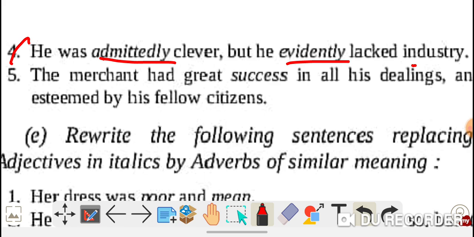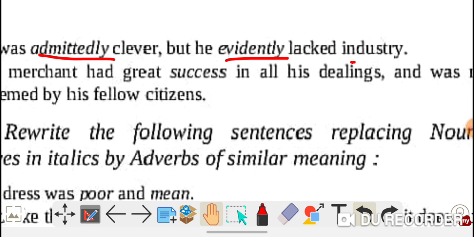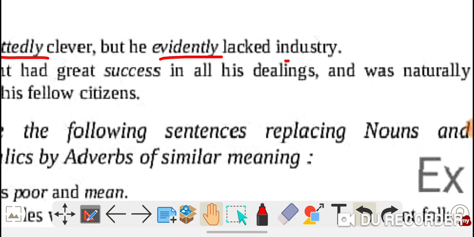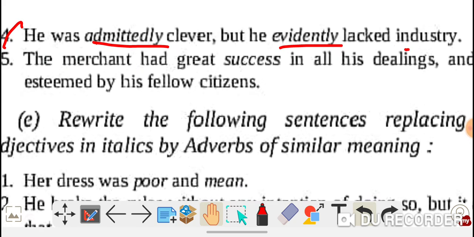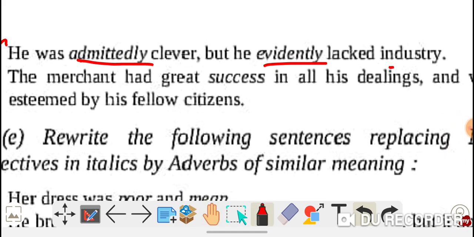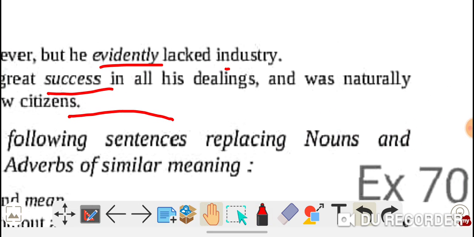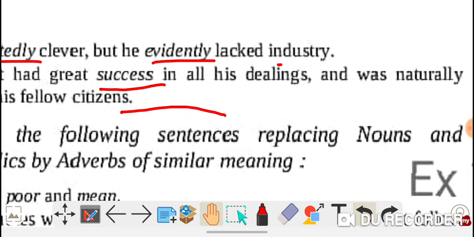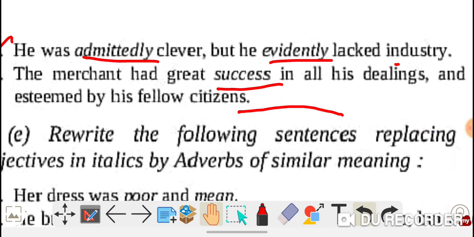Number 5, the merchant had great success in all his dealings and was naturally esteemed by his fellow citizens. There are two words. First of all, success. So what is the adjective form of success? Successful. And what is the adjective form of naturally? Natural. So please write it down.